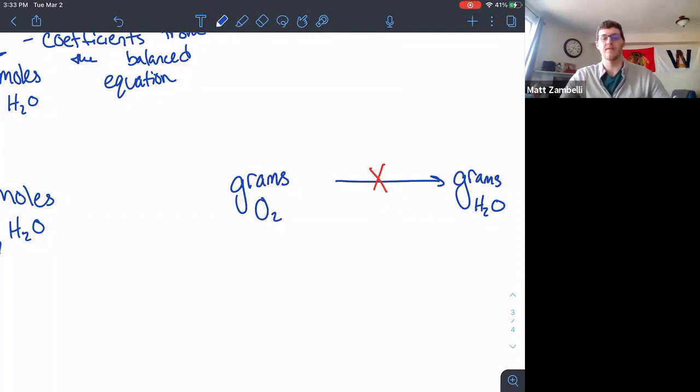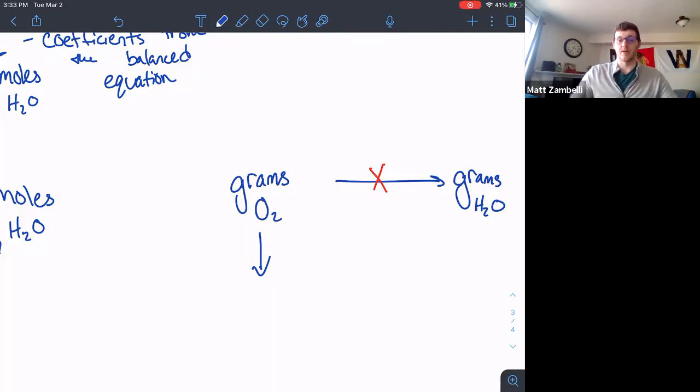What's the first thing we're going to convert to then? What can we figure out? If I know my grams of oxygen, what can I figure out based on those grams? What's the only units we can compare between two different elements or compounds?